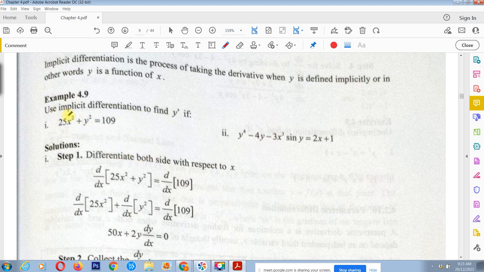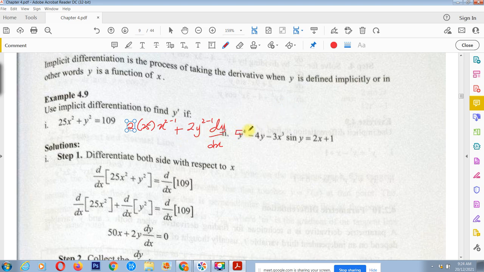To differentiate this, we differentiate as usual. So we have 25x squared minus 1, and then we differentiate the plus 2y. 2y to the power 2 minus 1, and because in y we have x, we put dy dx at the back; in front also can.